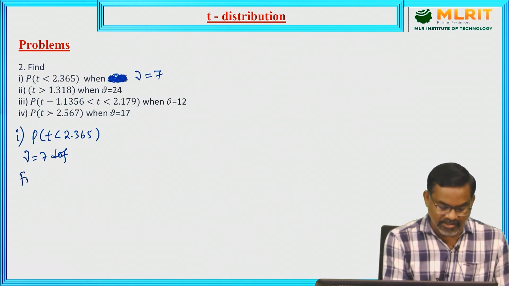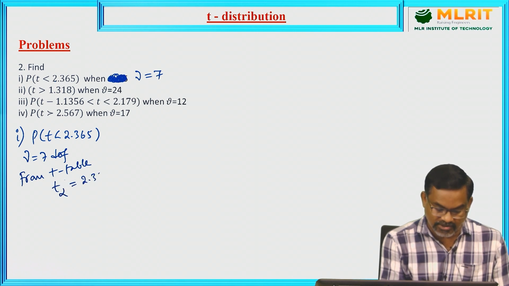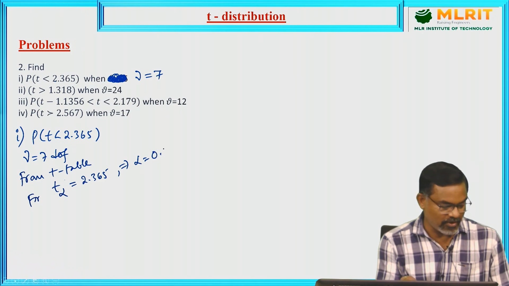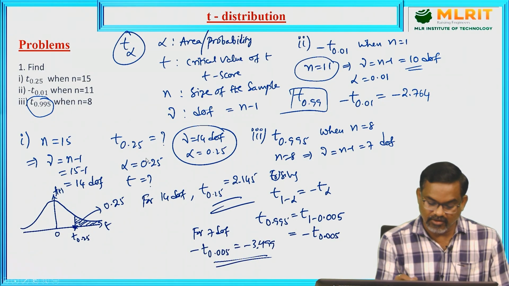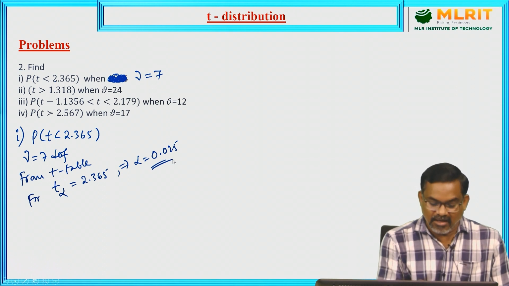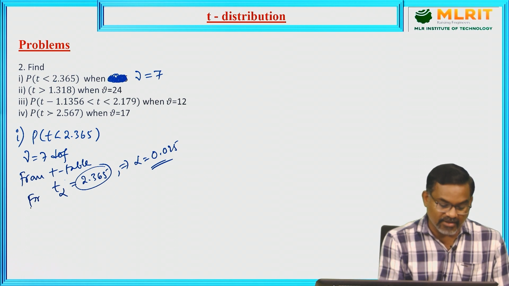So, from the t table, t alpha is 2.365, that implies alpha is 0.025. So, this is the area for the given value of t and for 7 degrees of freedom.